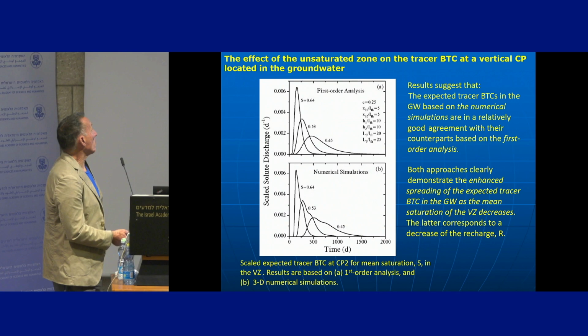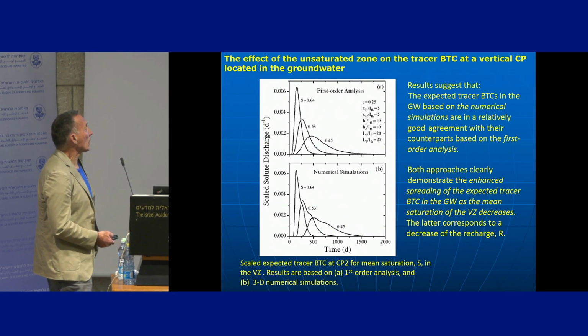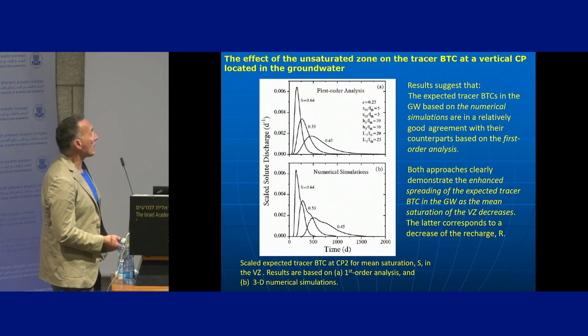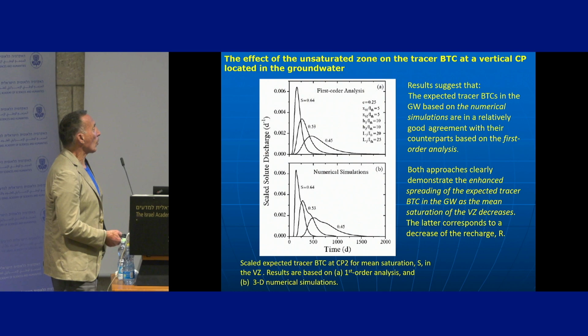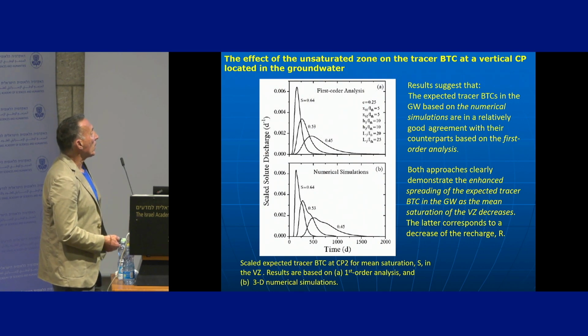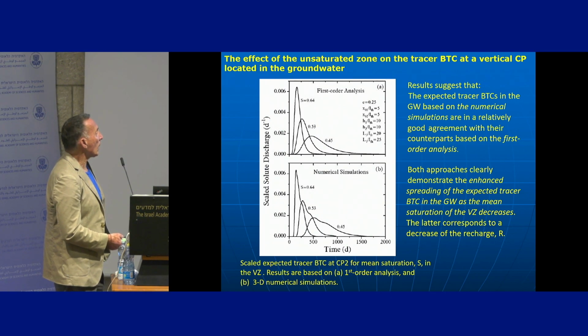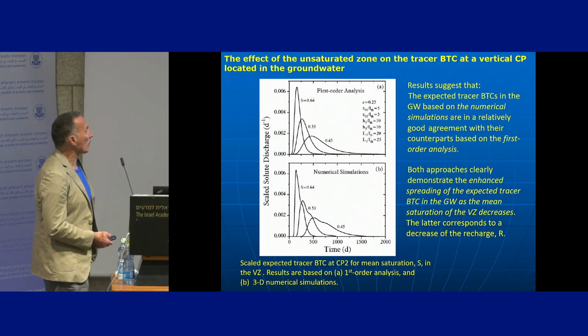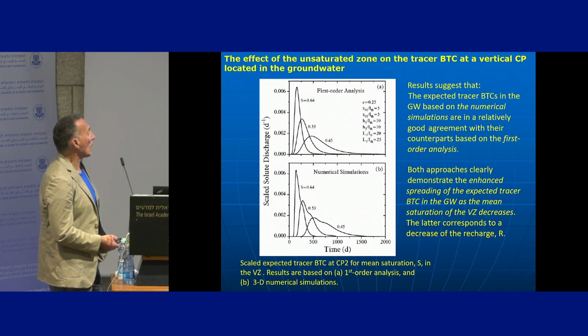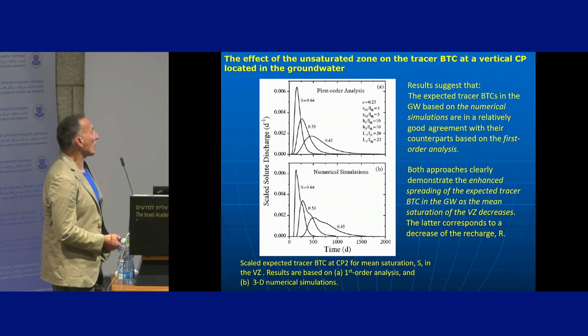And both approaches clearly show the enhanced spreading of the expected tracer BTC in the groundwater as the mean saturation of the vadose zone decreases.